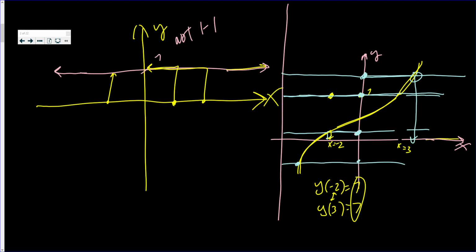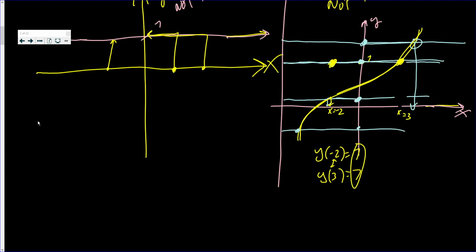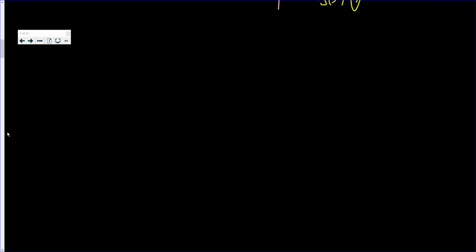Obviously, it crossed here, it crossed here and here. That is not one-to-one. It just takes one horizontal line to fail. If there's any horizontal line, it fails. That's one way to test for one-to-one-ness. The horizontal line test.